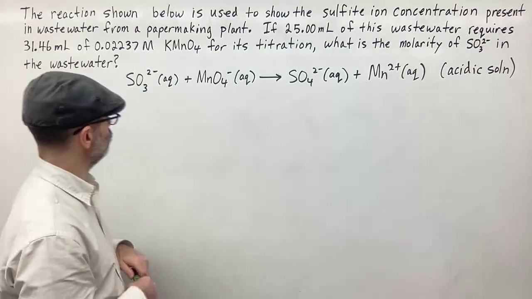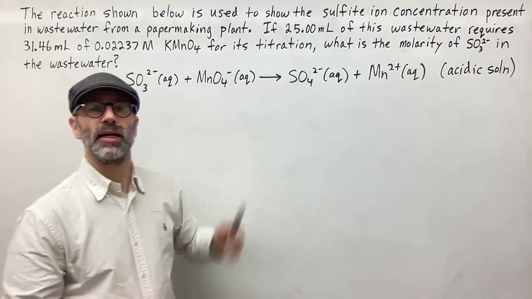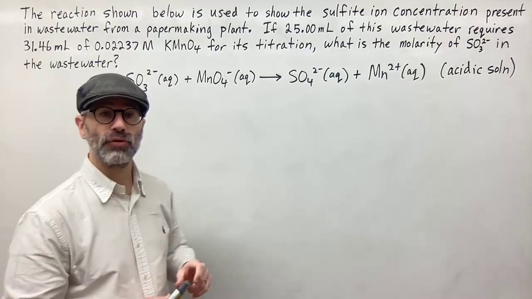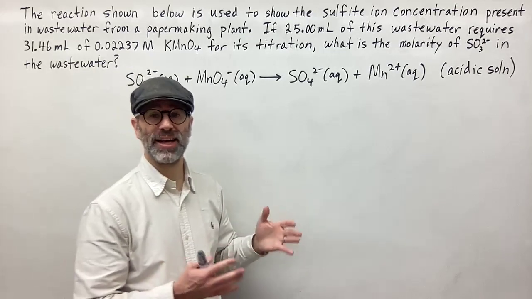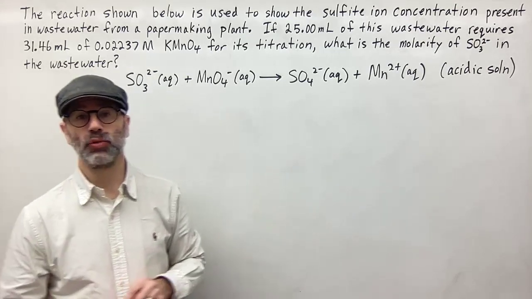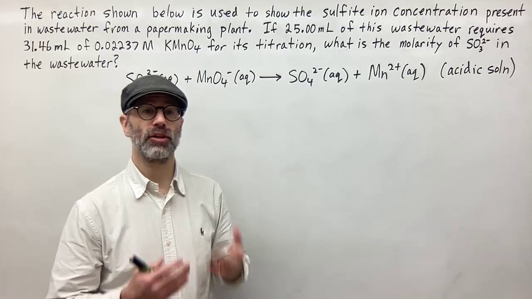And then we could use the mole ratio from our balanced equation to convert moles of KMnO4 to moles of the sulfite in the 25 milliliters of the wastewater. And then we can figure out the molarity.